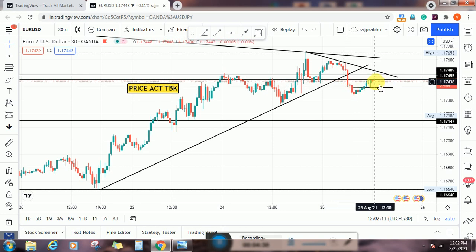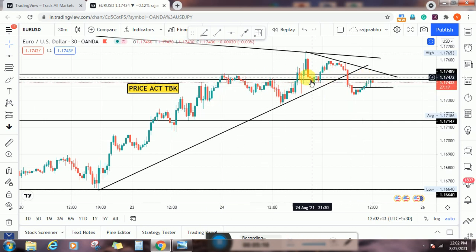And see here, this level acted as a support resistance. You can find it as a support resistance. See here, it takes a resistance one time and then the price falls, and it takes a resistance again and it may fall. Okay, see here, this looks like a double top pattern. So we confirm this is also acting as a resistance. It's very simple.